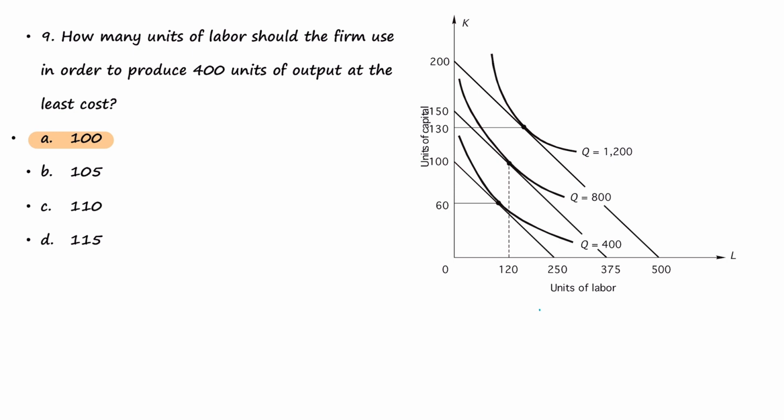Oops, sorry. It doesn't matter, but how many units of labor should the firm use in order to produce 400 units of output at the lowest cost? So for 400 units of output, we're going to find where Q equals 400. So that's this isocost line.